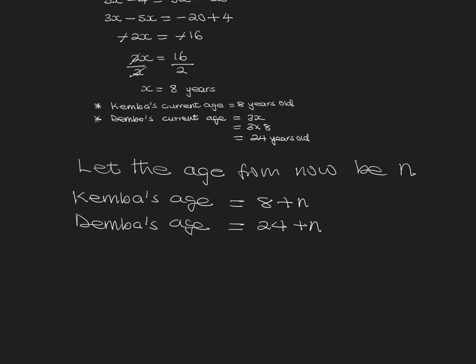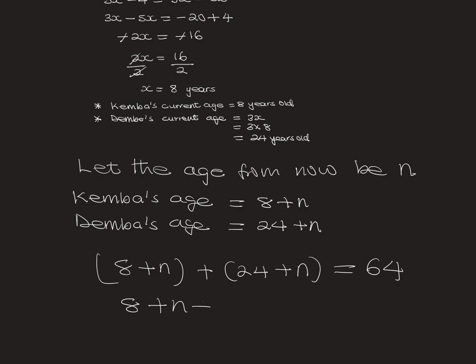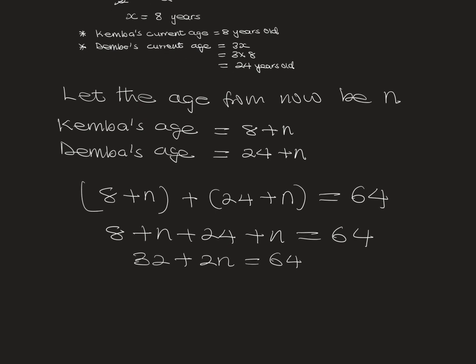So it means 8 plus n plus 24 plus n will be 64. This will tell us at what age in the future will the sum of their ages be 64. That is 8 plus n plus 24 plus n is equal to 64. 8 plus 24 gives 32 plus 2n is equal to 64.